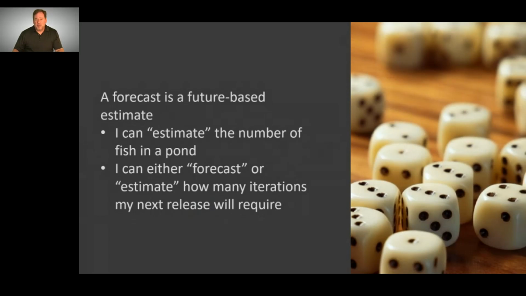So if I'm trying to make a guess about the number of fish in a pond, that's an estimate because it's now. But in the future, if I was going to estimate the number of fish in a pond a year from now, that would still be an estimate, but it would also be a forecast. And in software, I estimate or forecast things like how many iterations my next release will require and things like that.